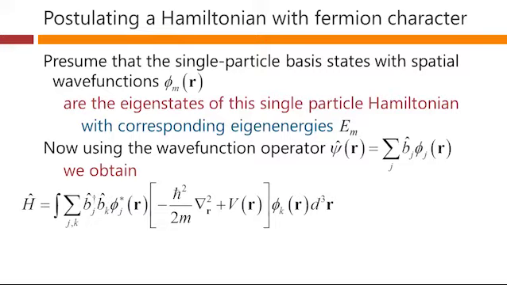And on the left, we had the Hermitian adjoint of our wave function operator. And here, that will be this sum with bj dagger, the creation operator for state j, and phi star j of r. So that's the Hermitian adjoint of the wave function operator. And of course, we have the sum over two indices here. So let's work through this expression.